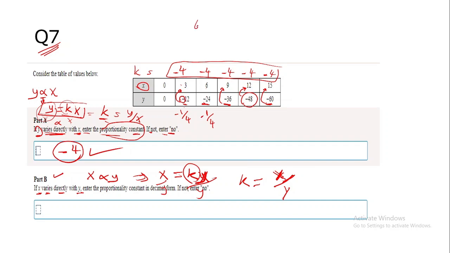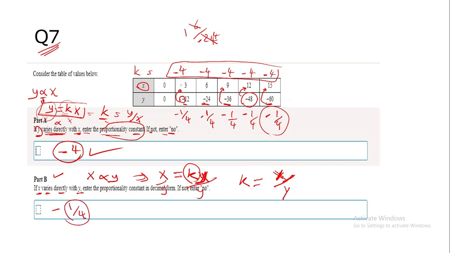I'm saying 6 divided by negative 24. 6 divided by 6 here is 1, 24 divided by 6 here is 4. Okay? So same for the others. Negative 1 over 4. Negative 1 over 4. 15 divided by negative 60, it will be negative 1 over 4 also. Okay, so that means it will be negative 1 over 4.